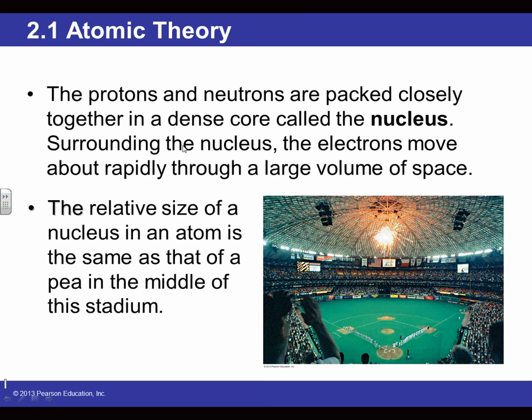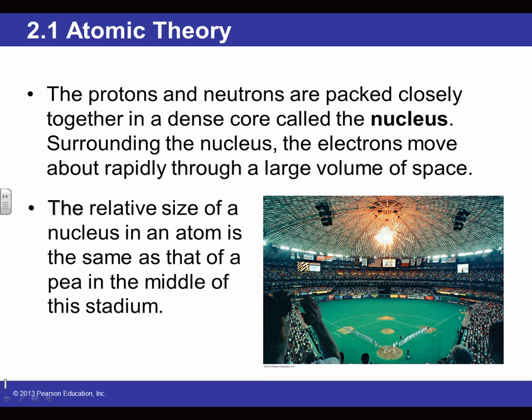What needs to be known as a relative comparison is that, for the most part, the nucleus only represents a small portion of the entire atom. And in the image here, you'll notice that they represented a baseball stadium. As far as relative size is concerned, this area of the actual stadium could be just the space that's occupied by the electrons.